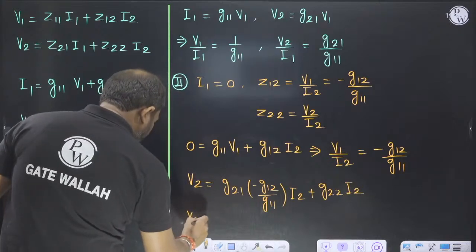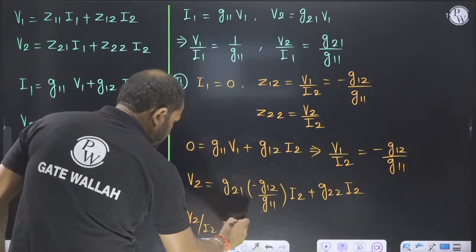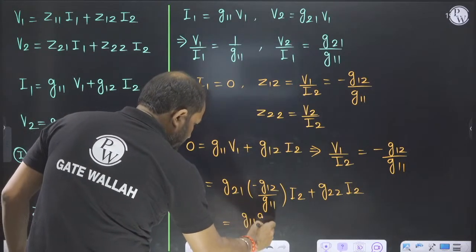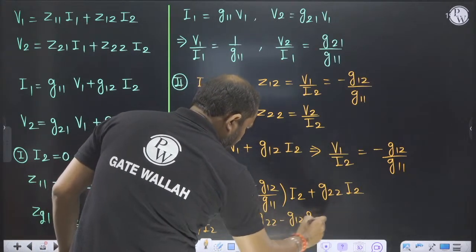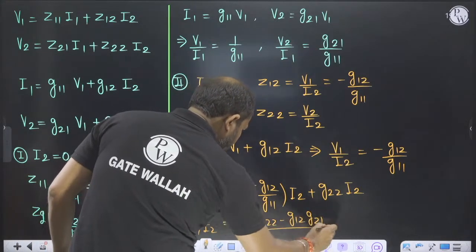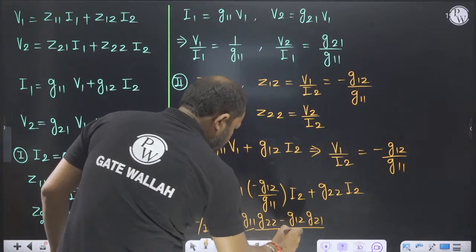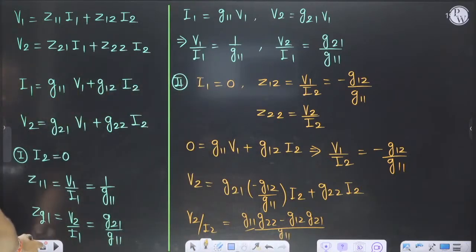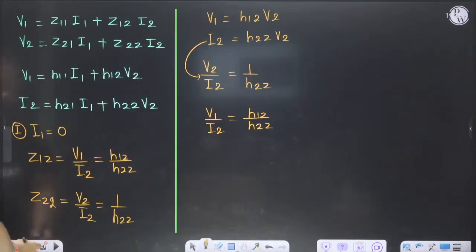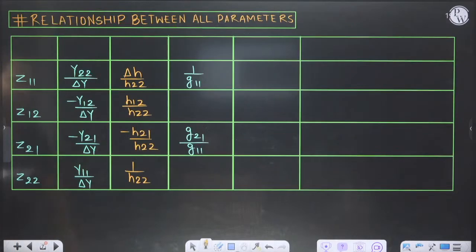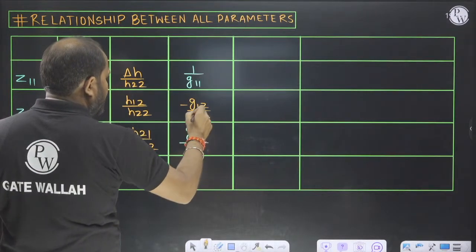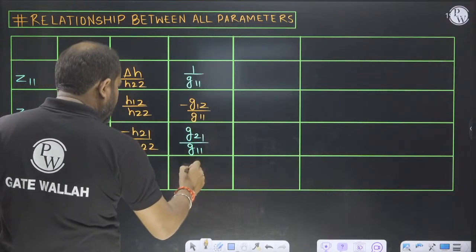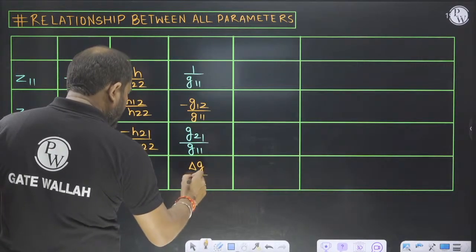So V2 by I2 will be equal to (G11 G22 minus G12 G21) divided by G11. So it will be minus G12 divided by G11, and this one is delta G upon G11.